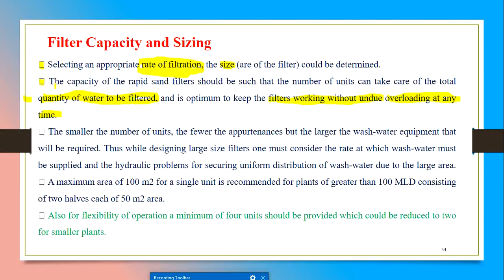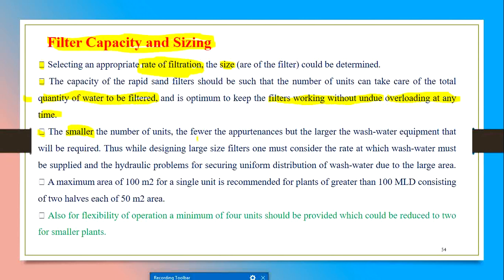That is what the second point says about filter capacity and sizing. Why are we keeping a particular size for the capacity? The smaller the number of units, what happens? It favors the apparatus, but larger wash water equipment will be required.